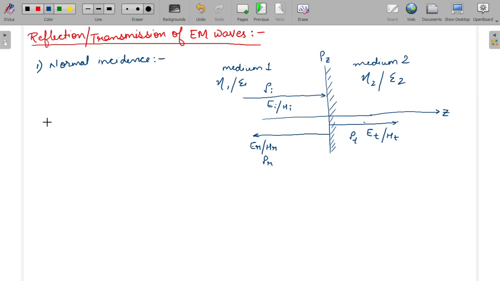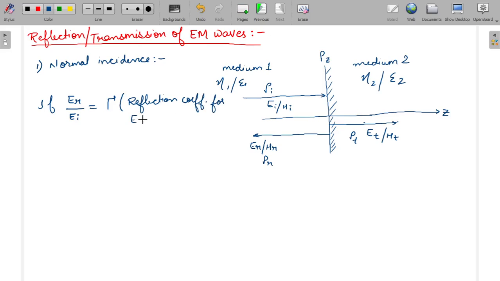When it is incident normally, then just remember this formula. ER by EI, that is reflected electric field divided by incident electric field, that is given as tau, that is given as reflection coefficient for the E field.